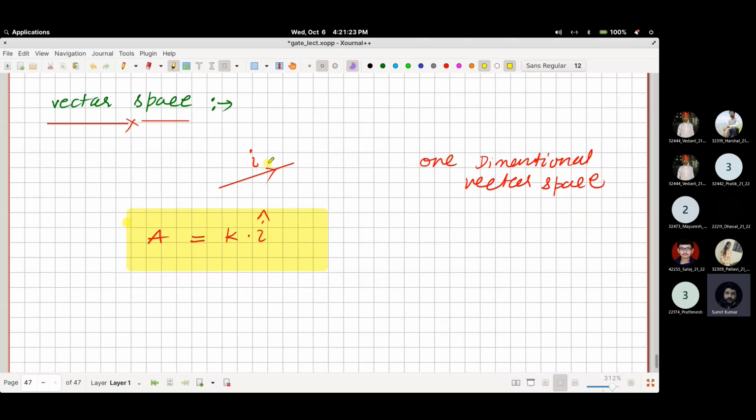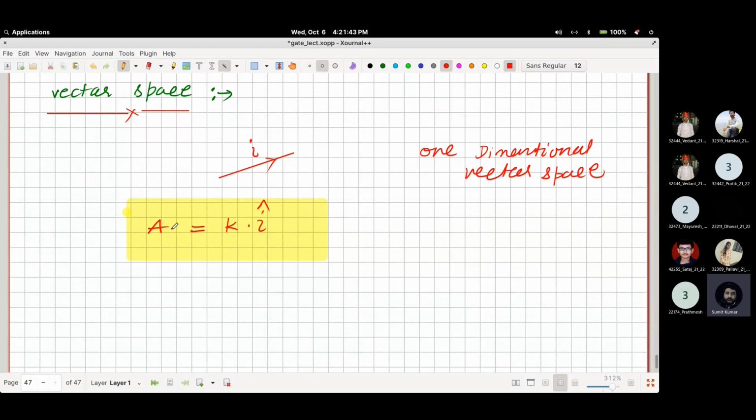It doesn't really have to be a unit vector; it can be any vector. Then you can easily determine the value of k by taking a dot product of A with I. We have already seen how to represent one vector in terms of another, isn't it?